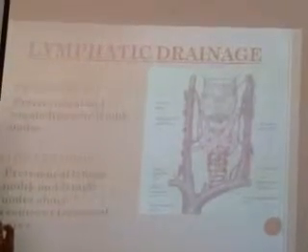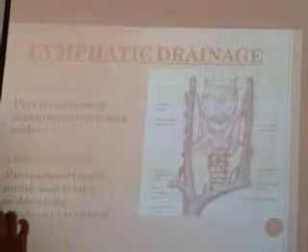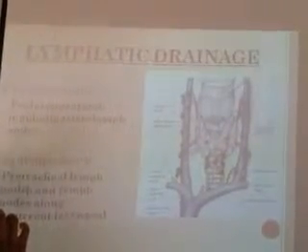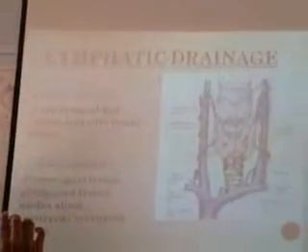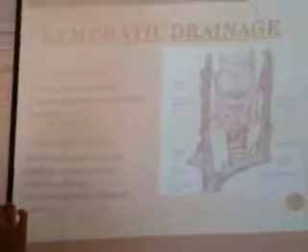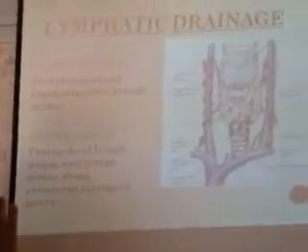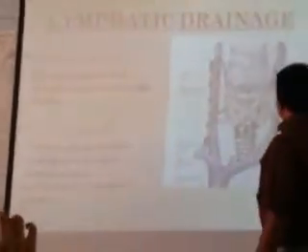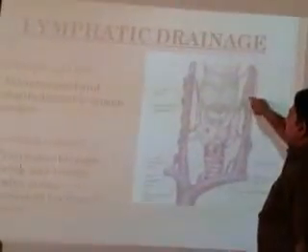And next is lymphatic drainage of the thyroid gland. The lymphatic drainage has the upper group and the lower group. The upper group drains into the pre-laryngeal and jugulo-digastric group of lymph nodes. See here, these are the lymph nodes.